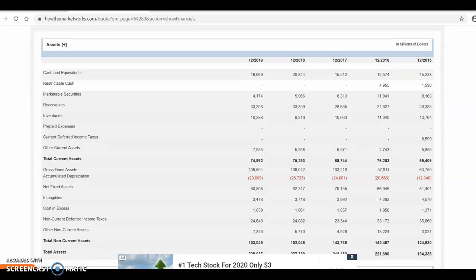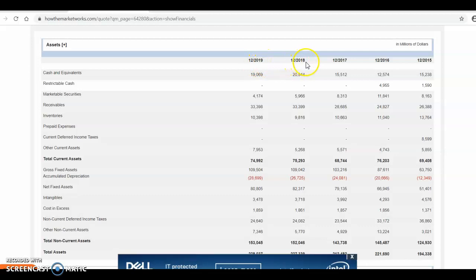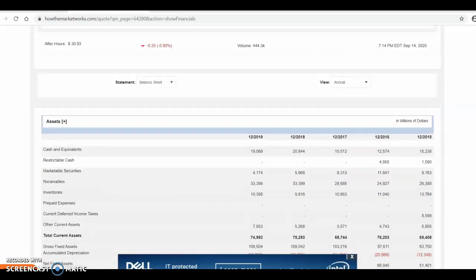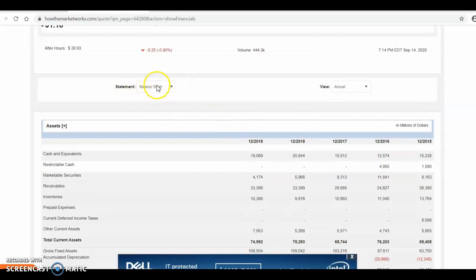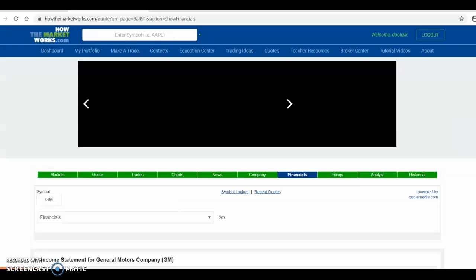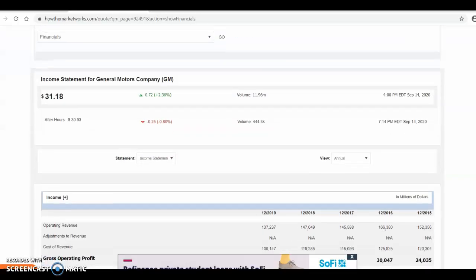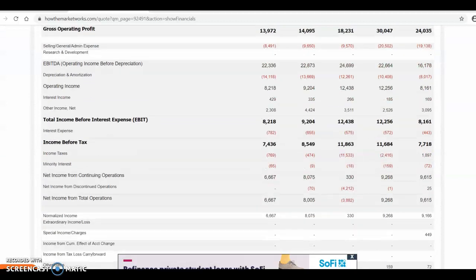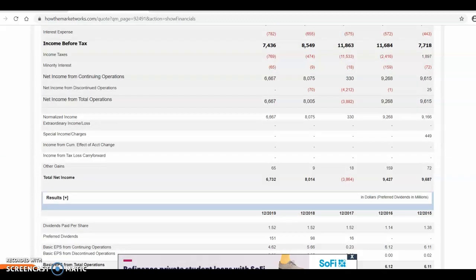So if GM was the one, here are the 2019, 2018, 2017, 2016, and 2015 financial statements. So you have 5 years' worth of financial statements. Up at the top, you see that what you're looking at is the balance sheet. If you want to look at the income statement, you would click that, or you can look at the statement of cash flows.